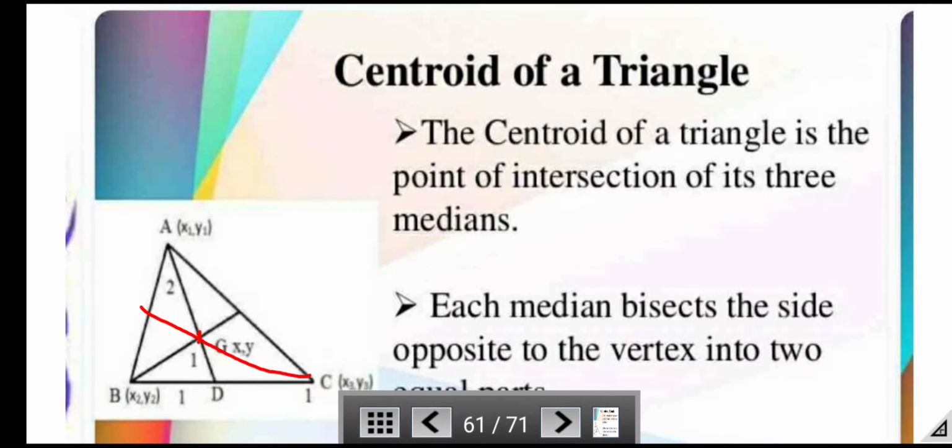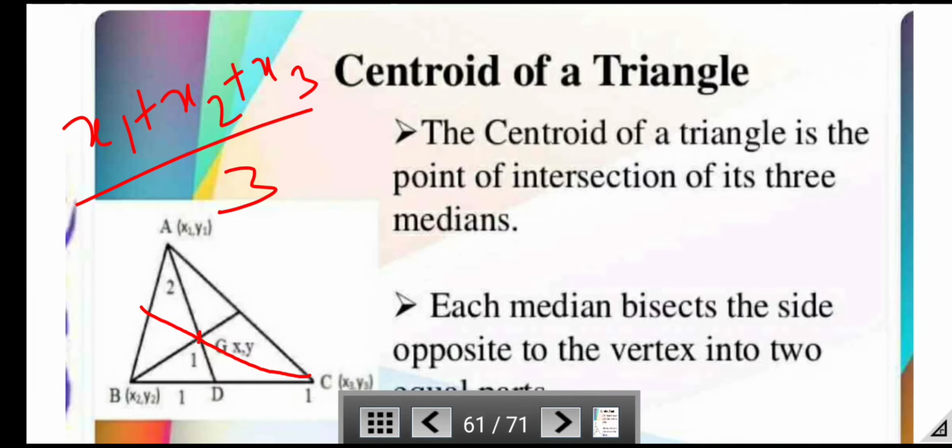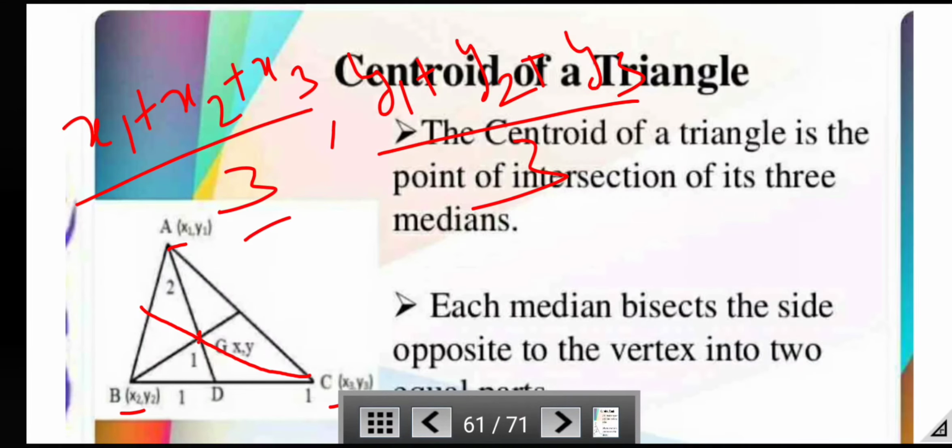It is given by (x1 + x2 + x3)/3 and (y1 + y2 + y3)/3.